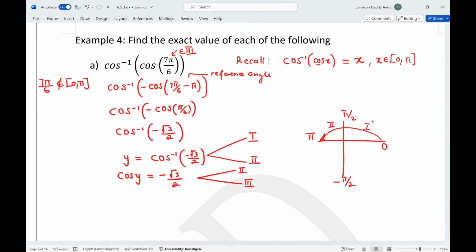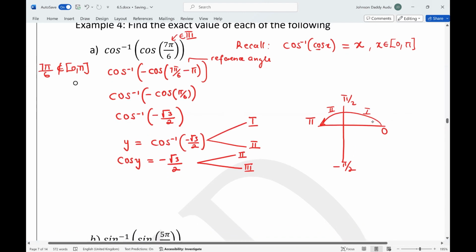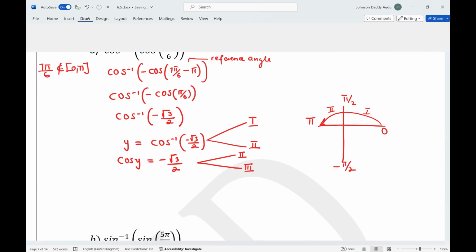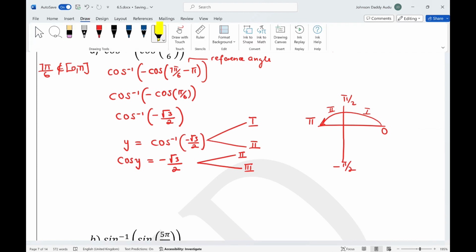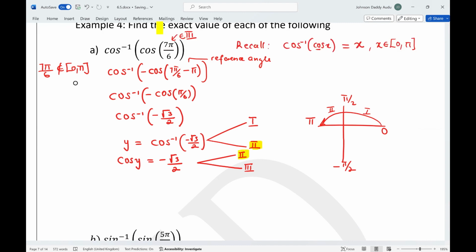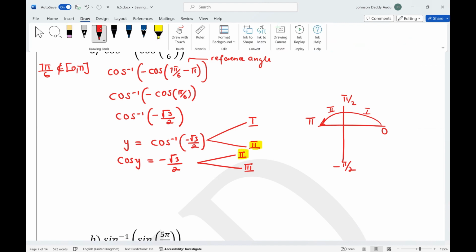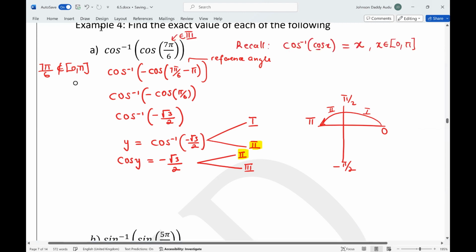So this means we have a common quadrant, quadrant number 2. And if we're in quadrant 2, we know how to get the reference angle: y is going to be pi minus y star.